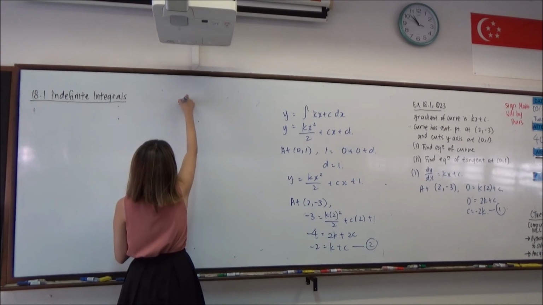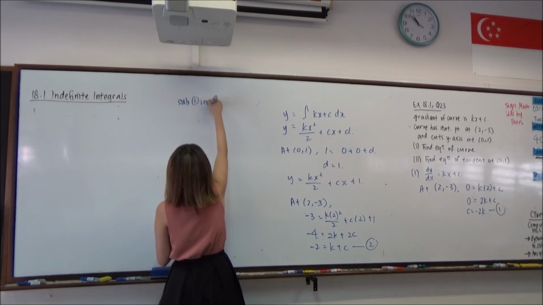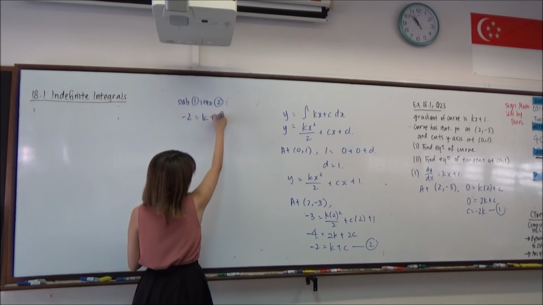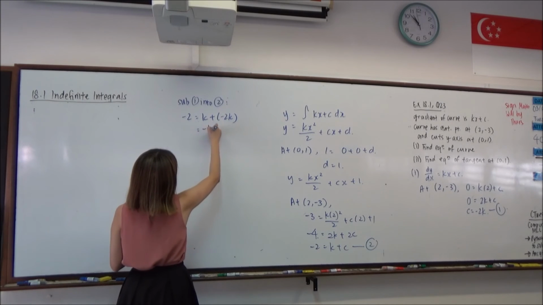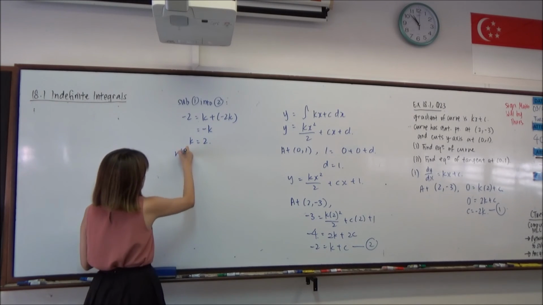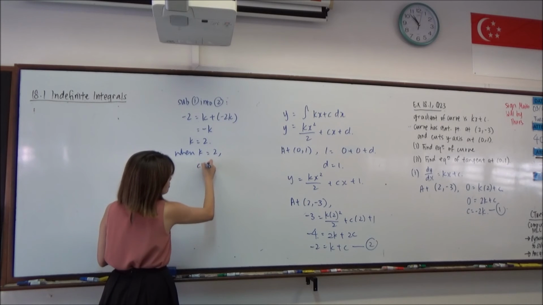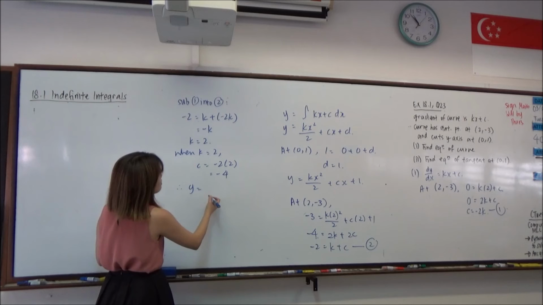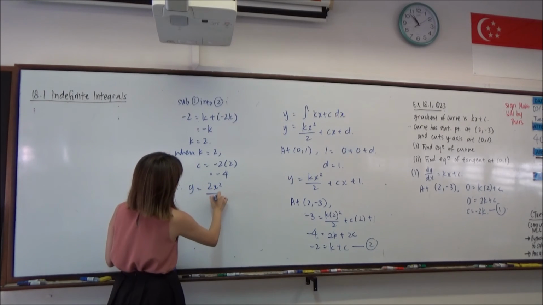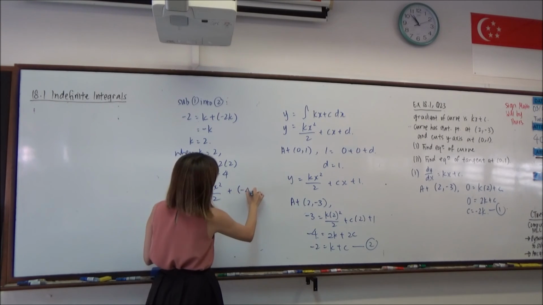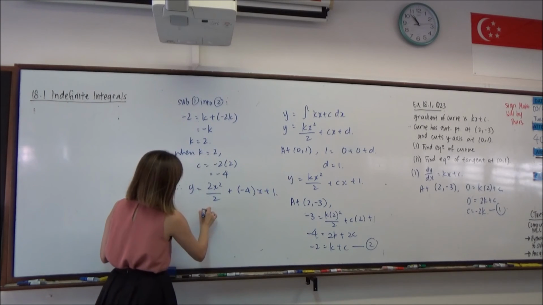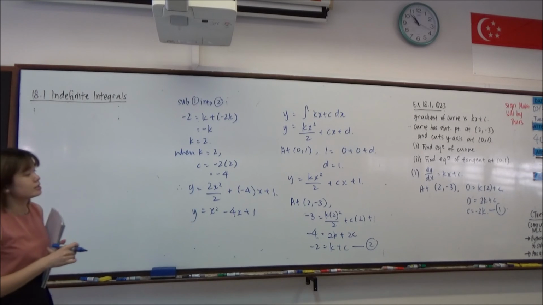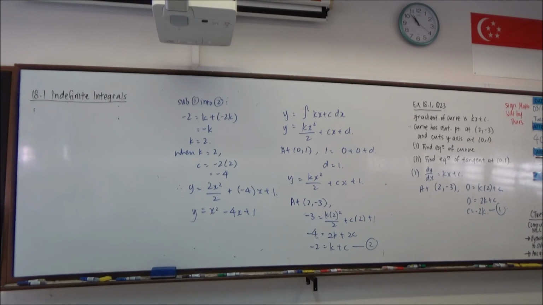Okay, so sub in, k is 2. So therefore y would be equal to 2x squared over 2 plus negative 4x plus 1. So y is equal to x squared minus 4x plus 1.